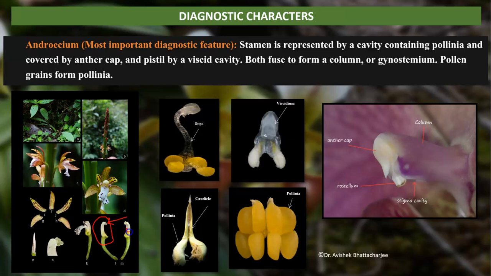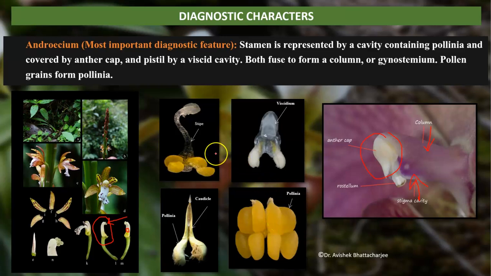This part has the viscid nature of stigma. If you remove that anther cap, you can clearly see the column or gynostemium, that is the anther cap, that is the stigmatic cavity, and that is the rostellum. When you remove the anther cap, you find a pollen mass arranged in pollinia.